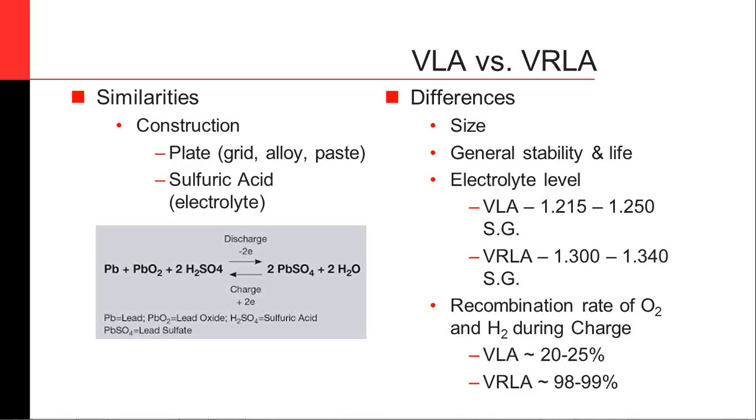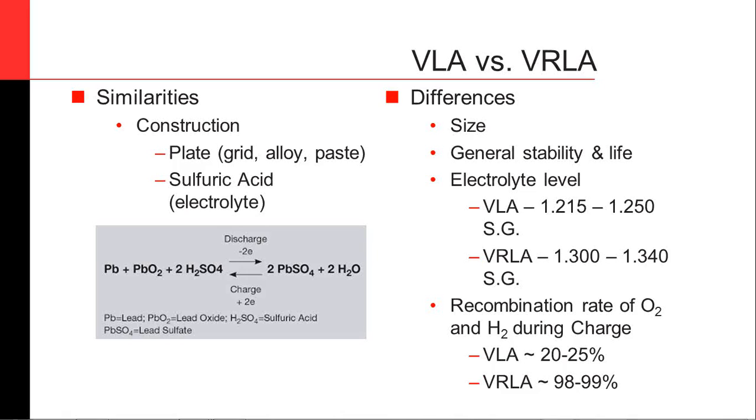The electrolyte level is also a little bit different. Valve regulated tends to be a little bit higher. A higher electrolyte level, measured in terms of specific gravity, typically means that you're going to get a higher power out of the battery or higher voltage.